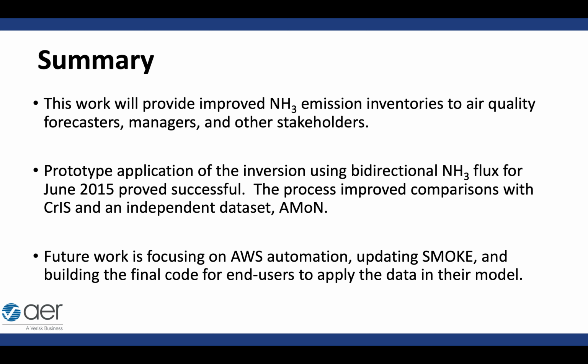So to quickly summarize, the goal of this work is to improve NH3 emissions using satellite observations, and then provide those emissions to you all, the air quality modeling community. The prototype application that used the bidirectional flux for June 2015 proved successful, and it even improved independent comparisons with AMON.